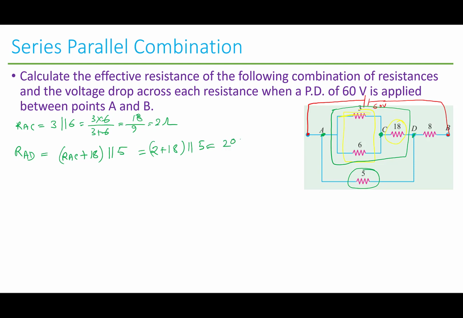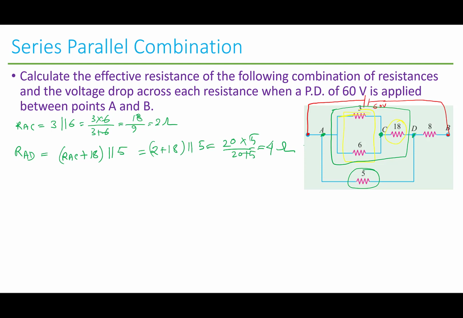So 20 times 5 over 20 plus 5 equals 100 over 25, which is 4 ohm. So we know RAD now.